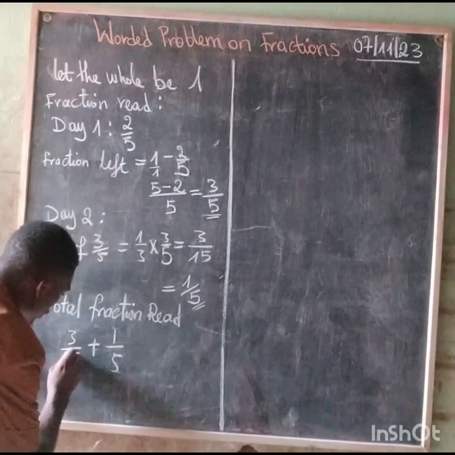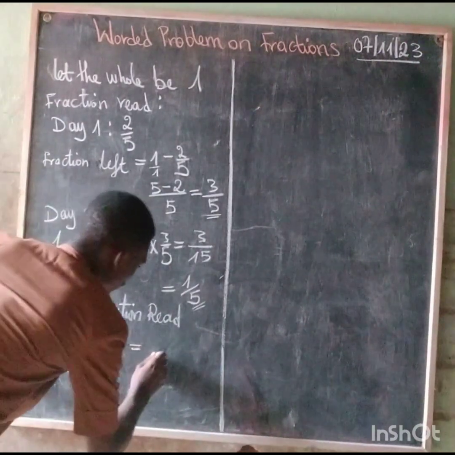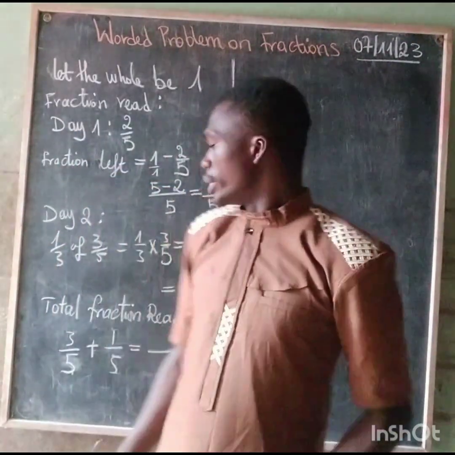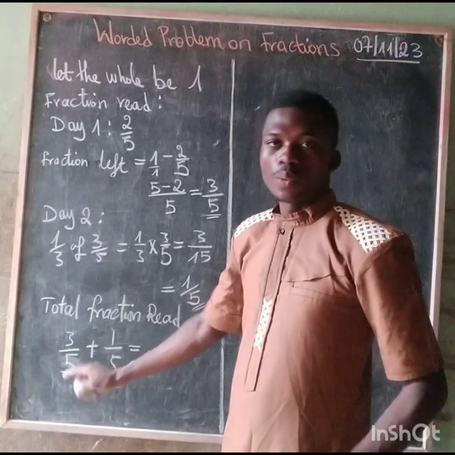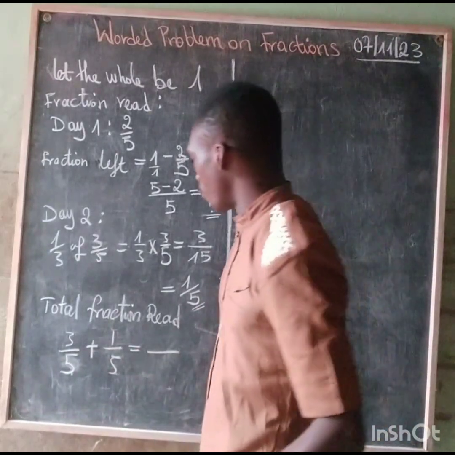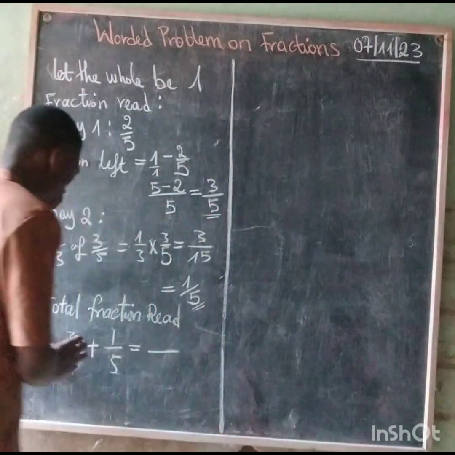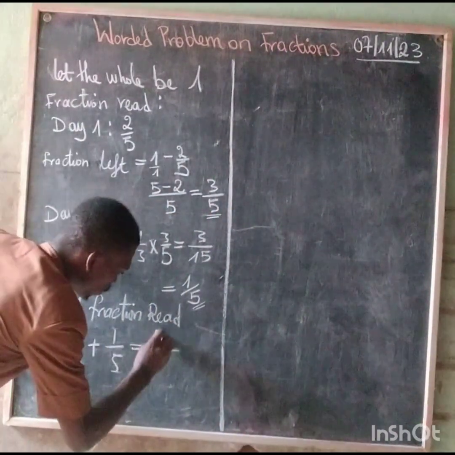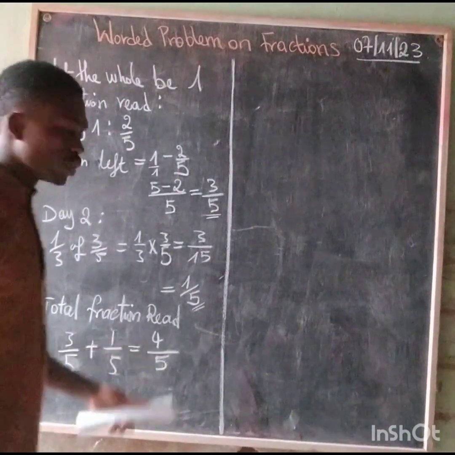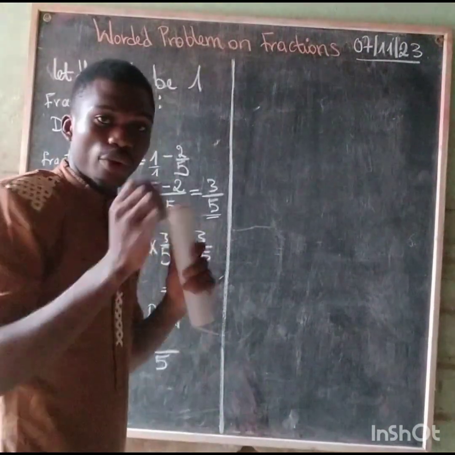When we are adding fractions with the same denominator, we simply add the numerator and we maintain the denominator. So this is going to be equal to 2 plus 1, 3, and we maintain 5 as the denominator. This is the total fraction read.